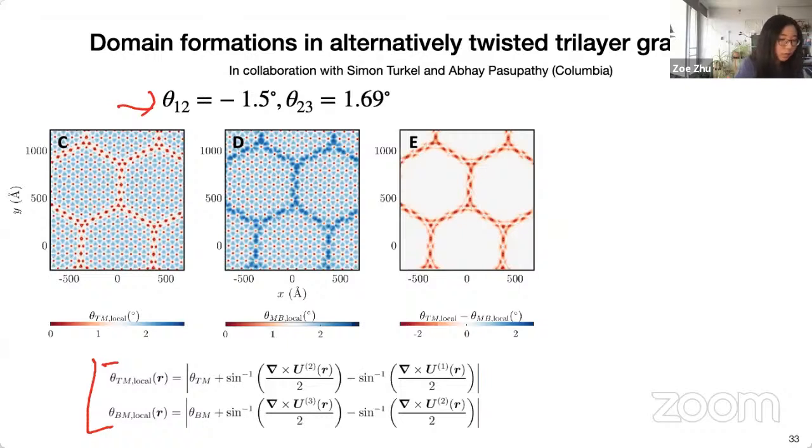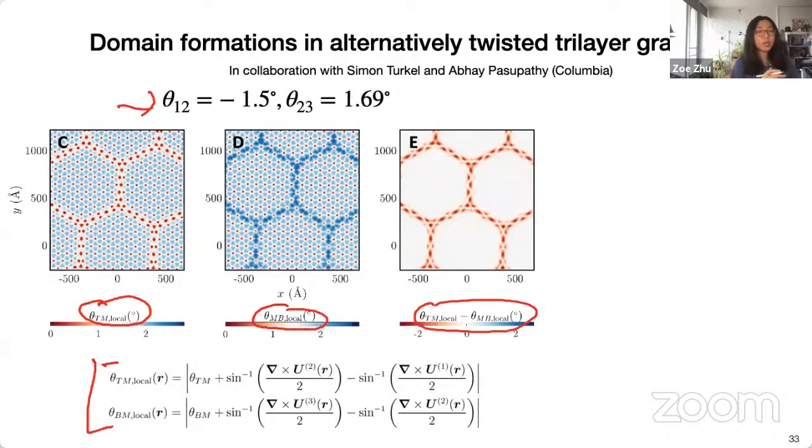The first figure here is showing the local twist angle between layer 1 and layer 2. And the second figure shows the local twist angle between layer 2 and layer 3. And the third figure here is taking the difference between them. What this means is that this is telling you the twist angle between layer 1 and layer 3.